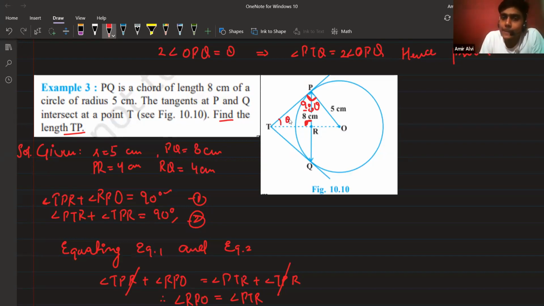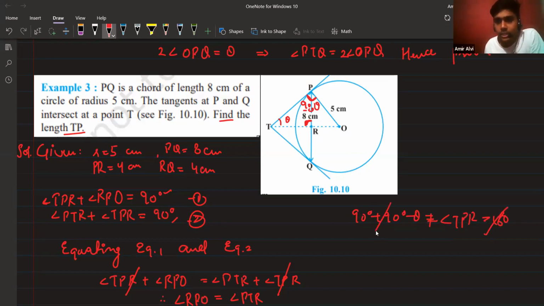Why? Okay, just a second. 90 minus theta is there. If I'm taking the angle as 90 minus theta, and they are complementary angles, plus 90. So 90 degree plus 90 minus theta plus angle TPR is equal to 180.